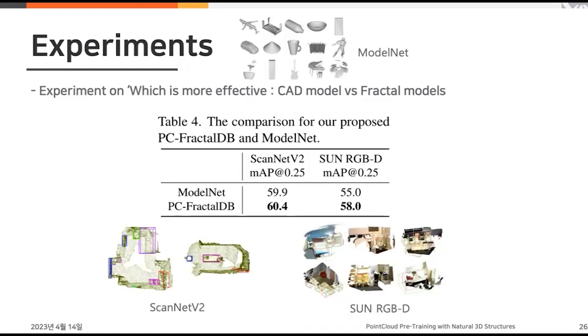So, in my thought, when you do this kind of task or experiment, usually what they do is use this made dataset to pre-train the network first. And then after that, since this model has been trained to look into some 3D information, they use that pre-trained model and fine-tune it to a specific task.